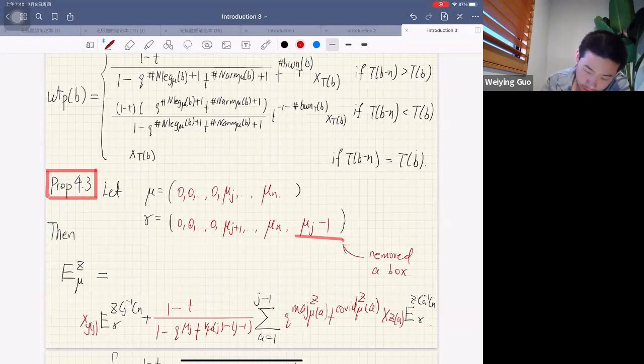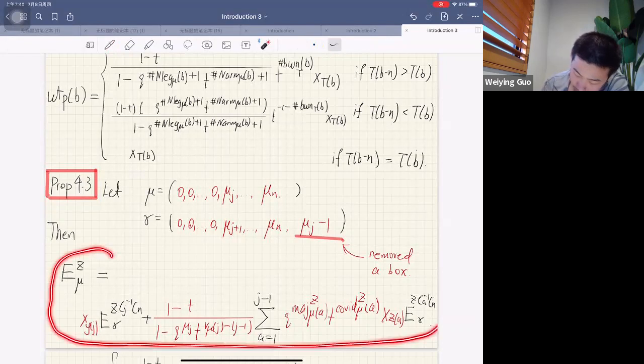And then in this term, we will get the recursion looking like this.